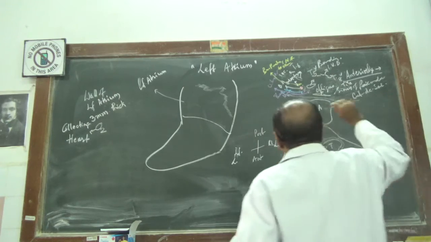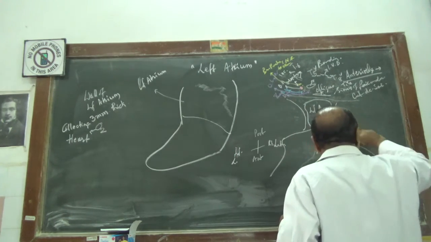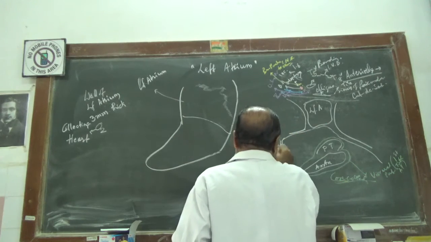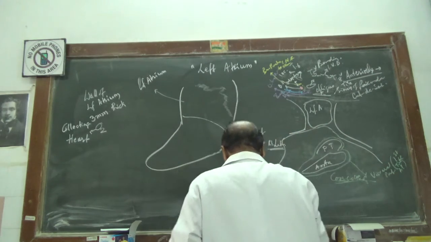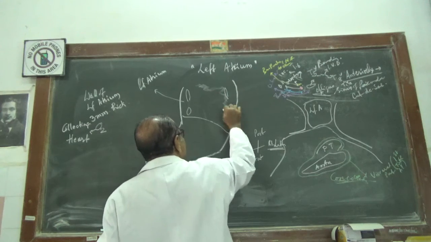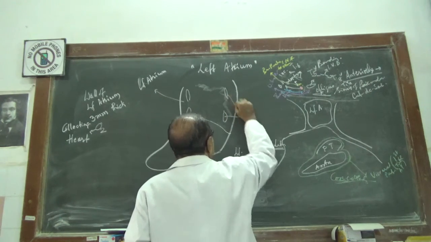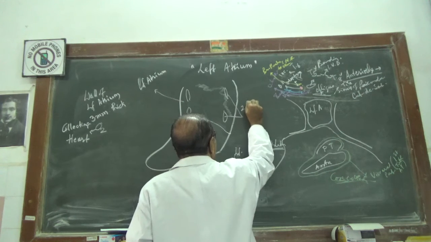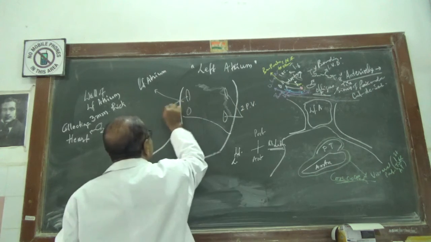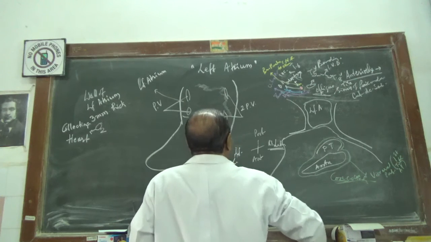Then laterally on either side, laterally here and here, you have the right lateral and left lateral sides. You have here the two pulmonary veins on each side, two pulmonary veins.